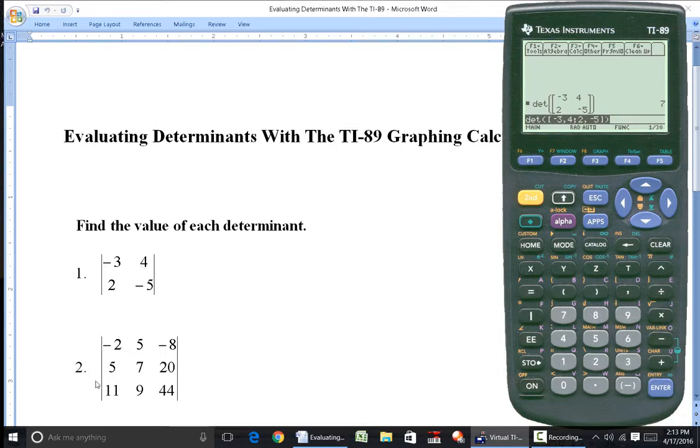3 by 3s and higher, if you do it manually, you'll have to use cofactors and minors, and I have some videos on that also. Here we're focusing on the calculator. Okay, the next one's a 3 by 3, but it's the same procedure, just a little bit more work to do.